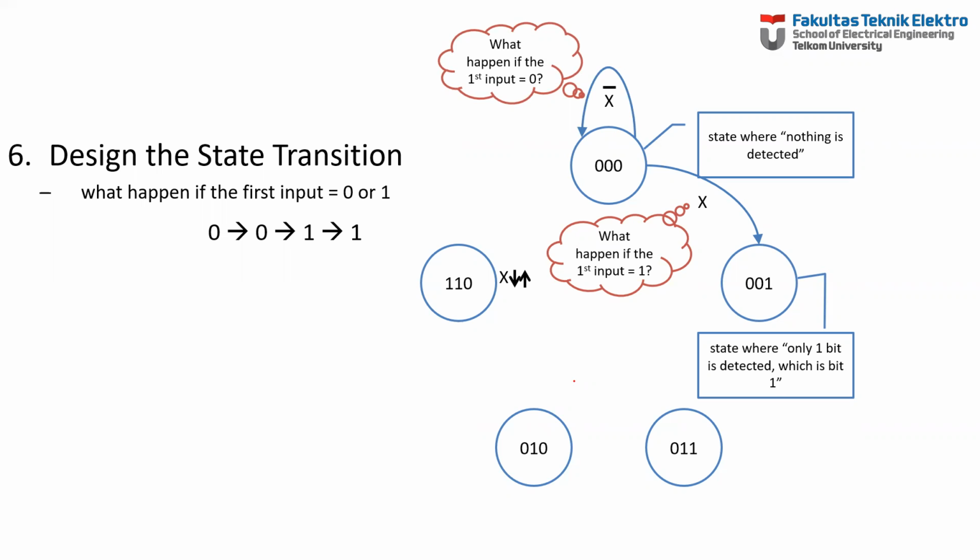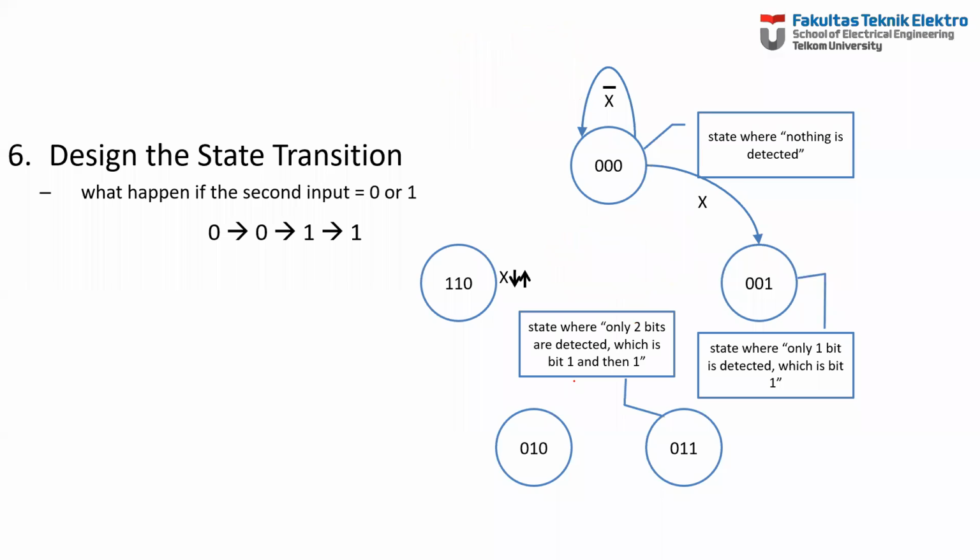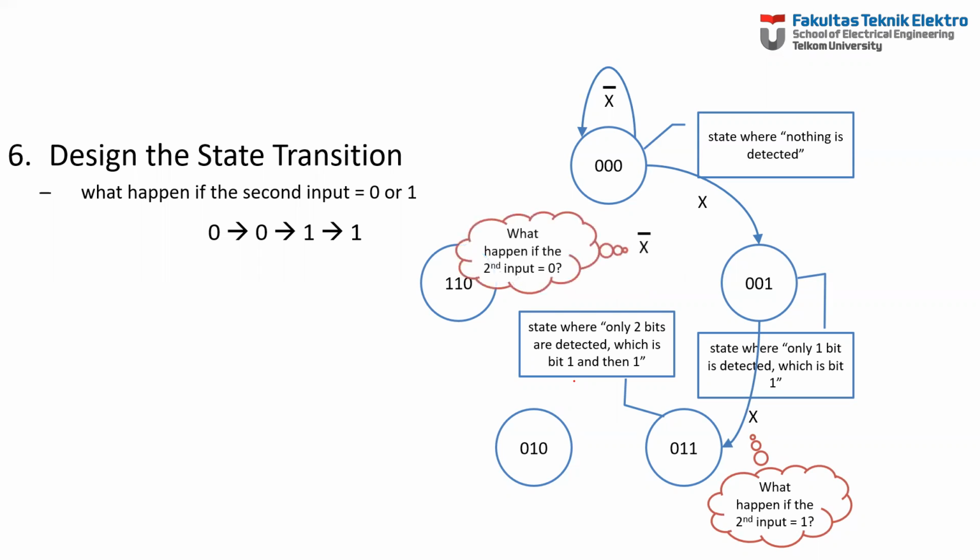Okay. Now, what happens if the second input is 1? So we just change the state to 0, 1, 1. However, what happens if the second input is 0? If the second input is 0, then it will return to the state where nothing is detected. Why?